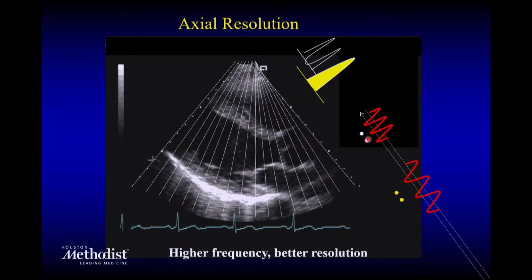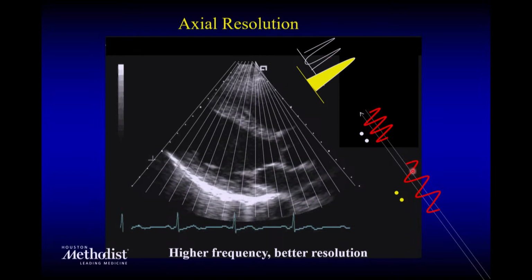If I have two dots like this, and they're the same distance, let's say one area of the septum and then a little further down in the septum. If I have a higher frequency transducer compared to a lower frequency where the wavelength is much longer, when it's reflected back and registered, in the higher frequency I can separate these two better.